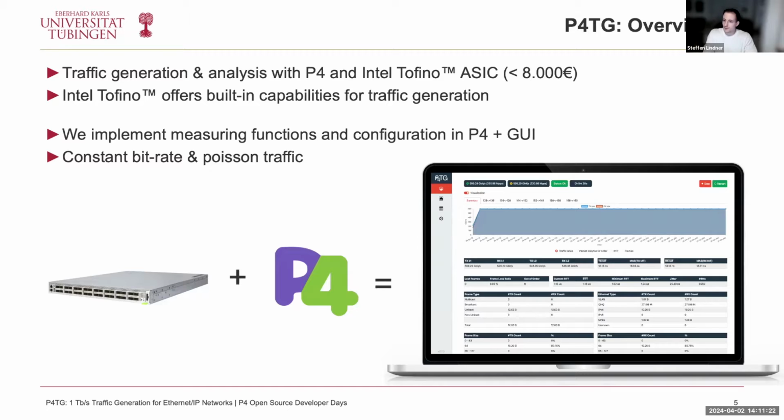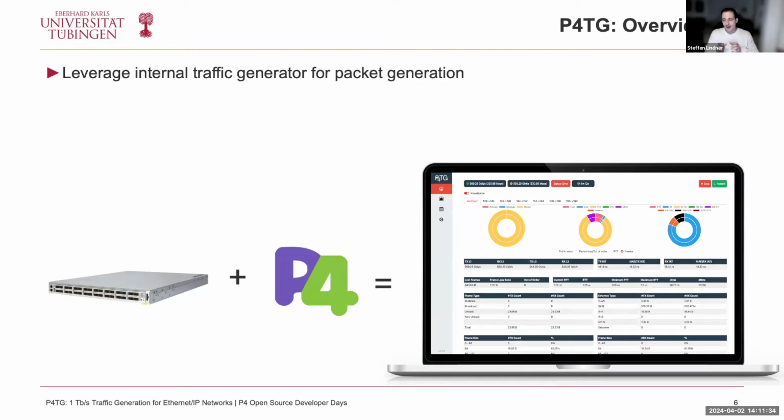And with this approach, we are able to generate constant bitrate traffic, as well as Poisson traffic. Poisson traffic is traffic with random inter-arrival time, so the time between two packets. As I already said, we use the internal capabilities of the Intel Tofino for packet generation. And then we apply a packet header rewrite for traffic randomization.